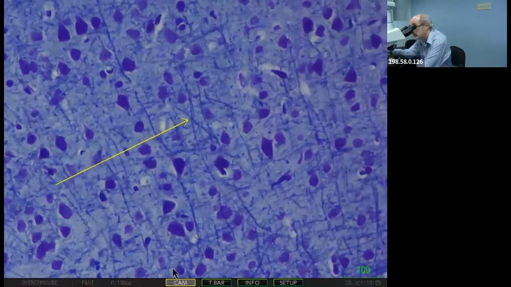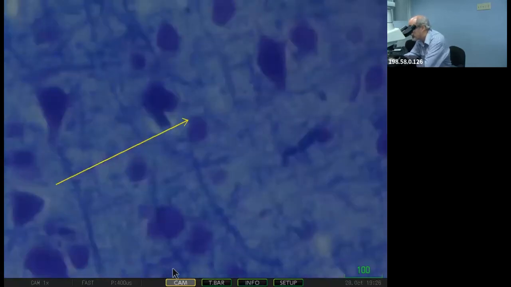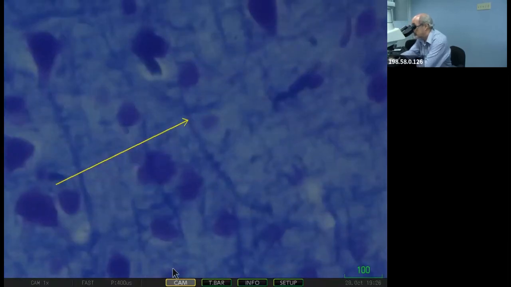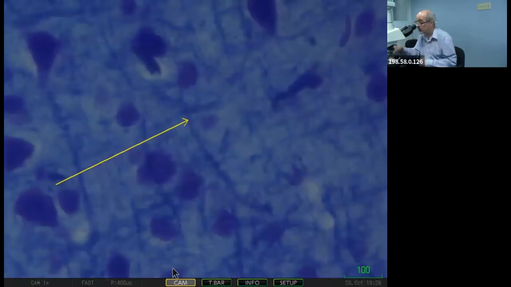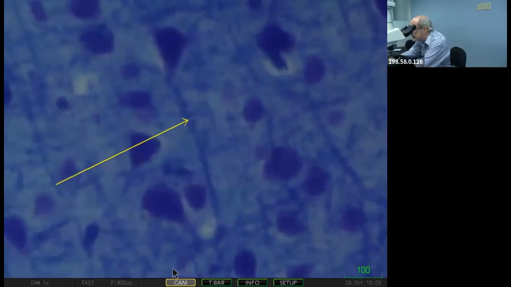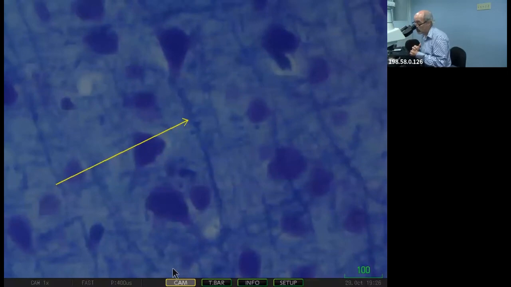So let me check this. It will be blurry because it's at higher magnification, but you can guess the little spines. You remember the spines, which are protrusions on the dendrite, there to increase the surface of contact between the synapses, between the dendrites and all the axons.